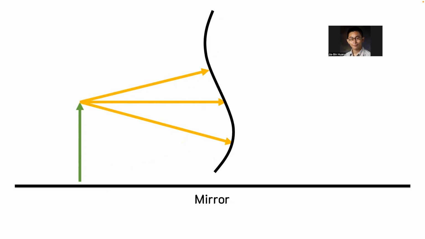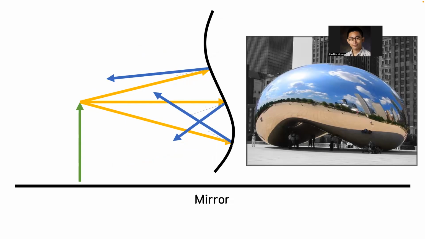When you have a light ray with a direction, and you know the surface orientation, that is, the surface normal, you will be able to know where the light bounces off. A prime example is the Bean in Chicago. In Chicago they have this bean, and you can see how it warps the surroundings inside the mirror.